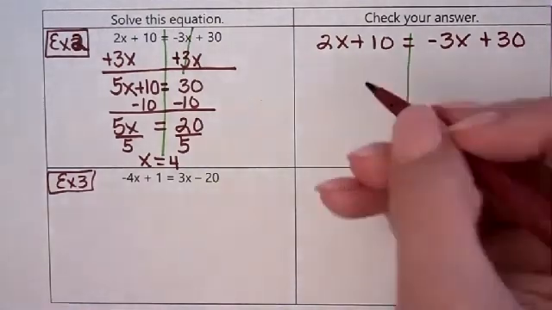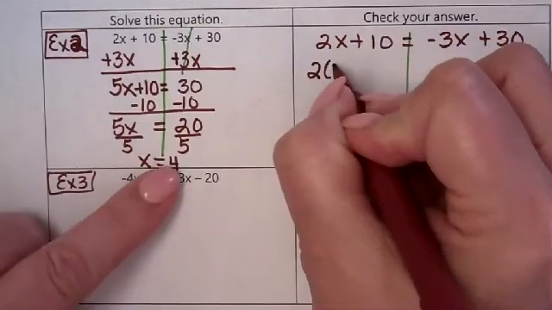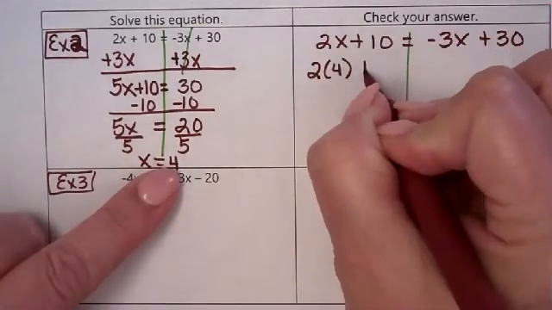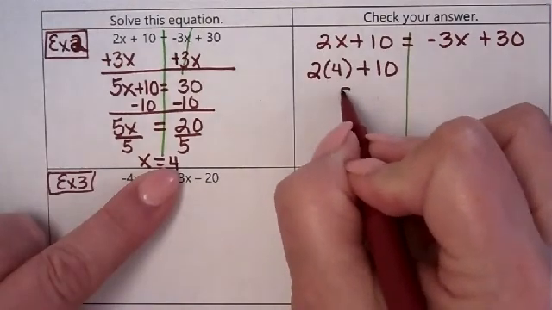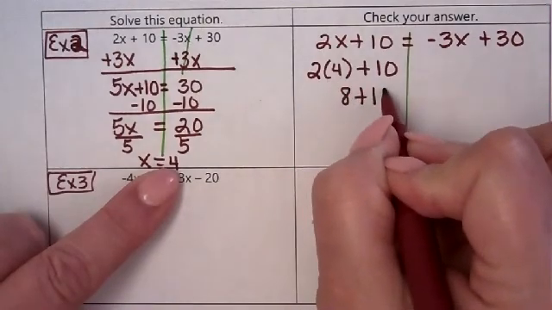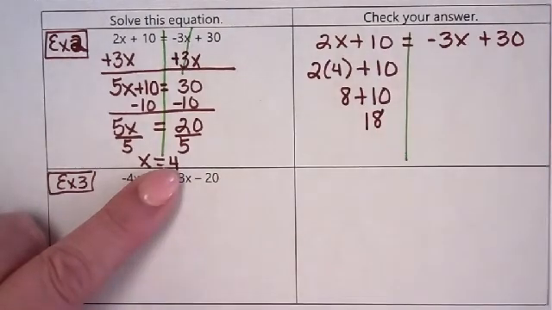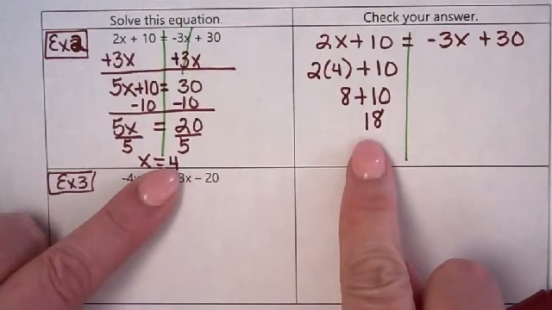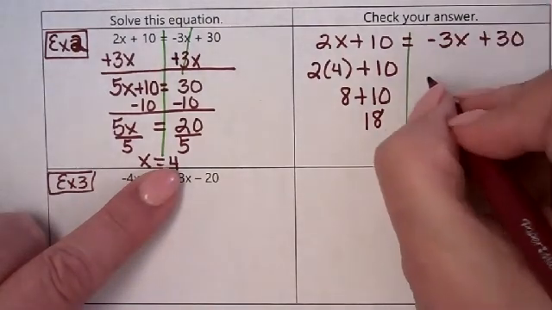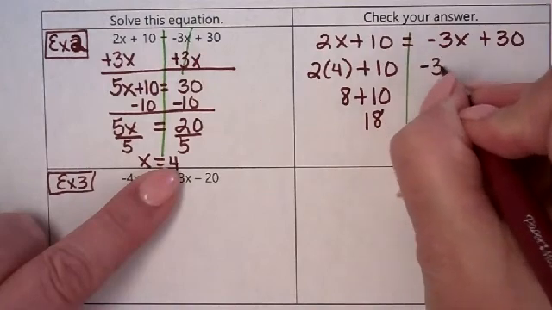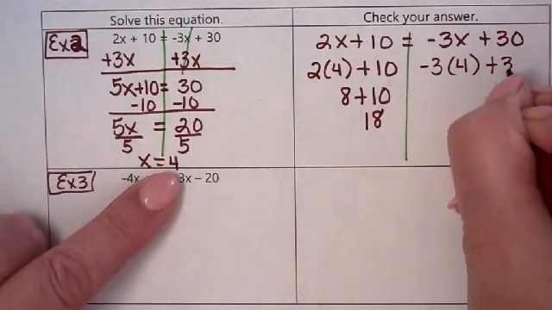So let's do the left side right here. I'm going to do 2 times 4 plus 10. All right, well, we know 2 times 4 is 8. Bring down the plus 10, but 8 plus 10 is 18. Okay, so this side simplified to 18 when I'm checking. Now let's go over here and check this side. So I've got negative 3 times 4 plus 30.